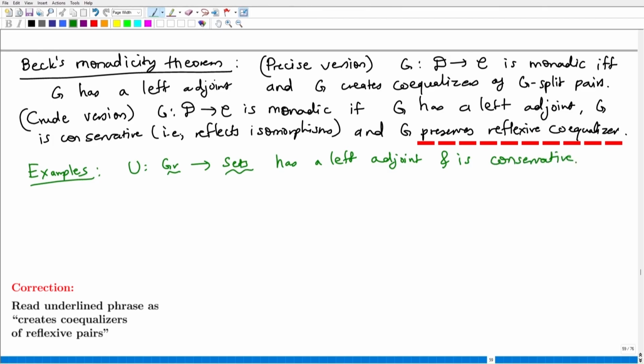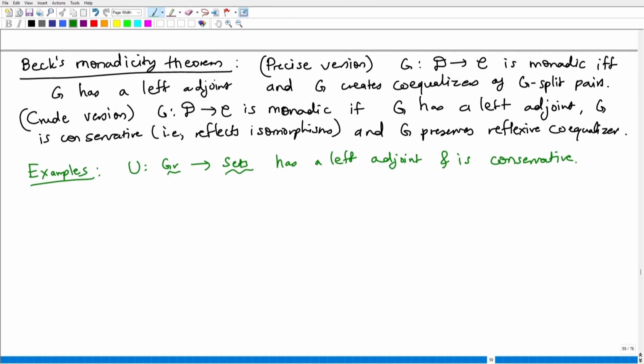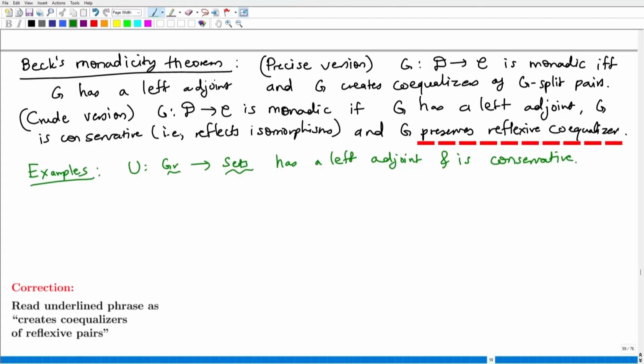See, if there is a bijection between two groups, like a bijective group homomorphism, then it must be an isomorphism. Yeah, we are saying trivial things. So it's conservative. So what do we need to prove? That it preserves reflexive coequalizers.